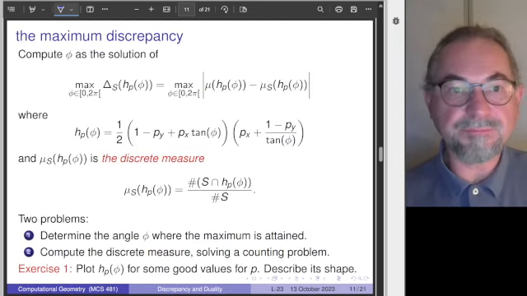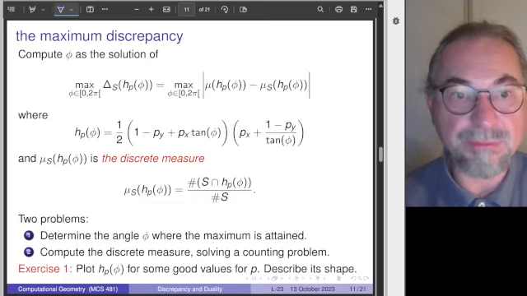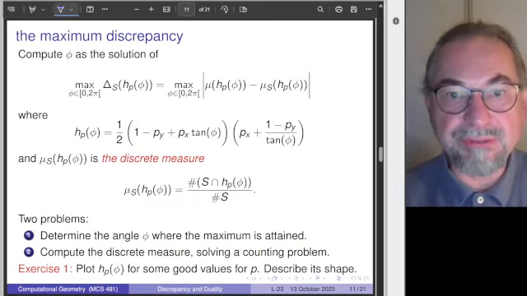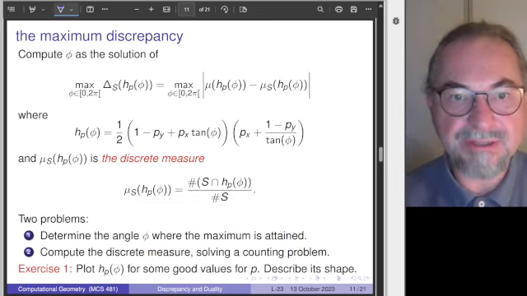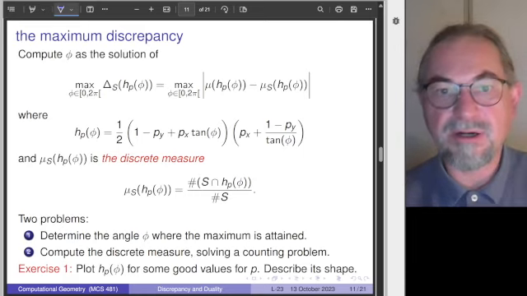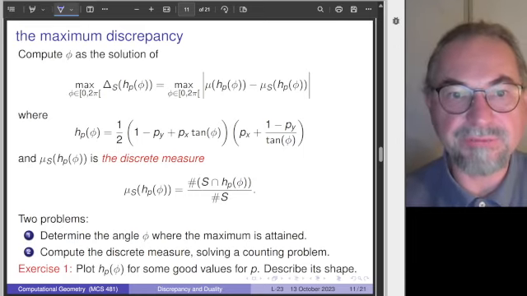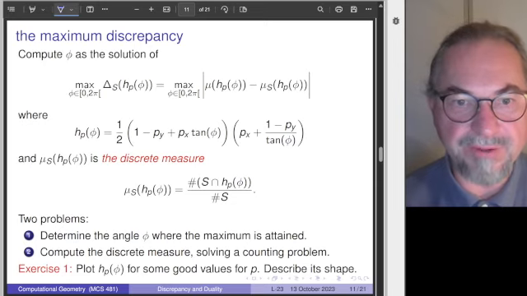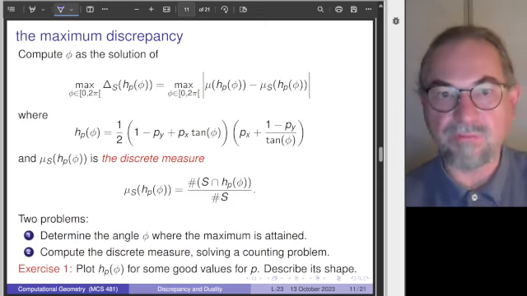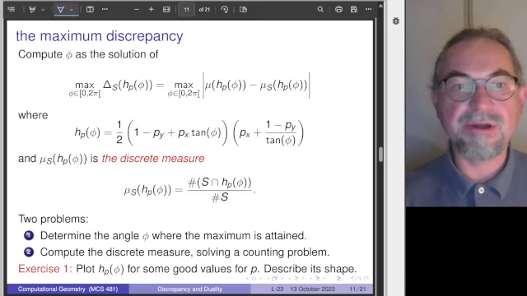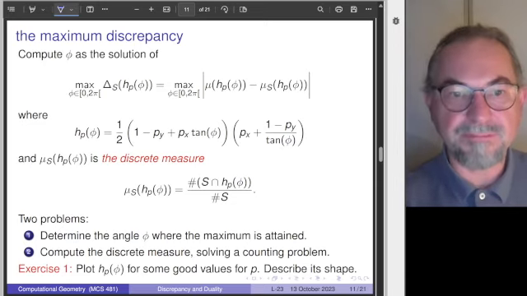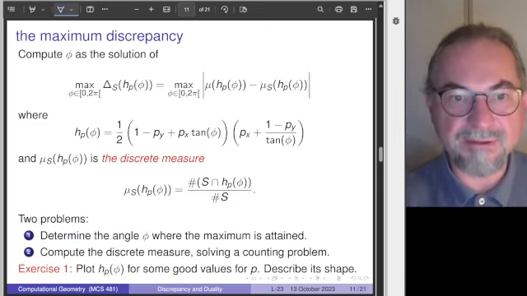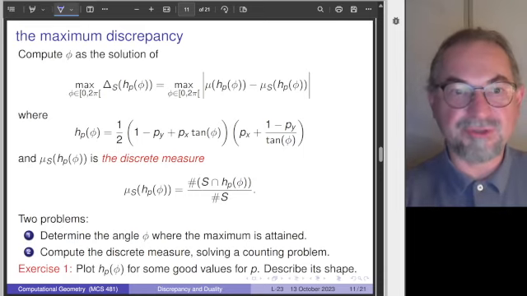Compute this now. Well, it is a calculus problem. So we compute the angle of the maximum, and that gives us the expression of the discrepancy. So we have a continuous formula evolving depending on this parameter, the angle, and then also the subscript here.